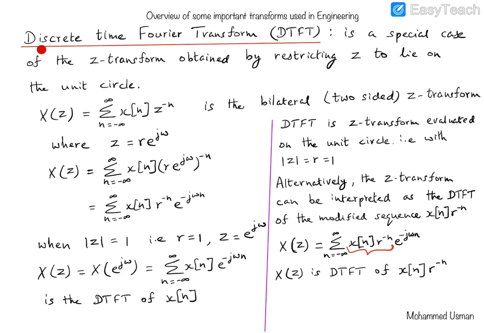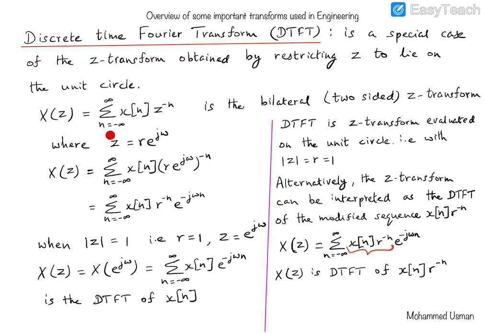So we see that the discrete time Fourier transform is a special case of the Z transform, obtained by restricting Z to lie on the unit circle. That is, when we compute the Z transform by enforcing that Z lies on the unit circle, we will get the discrete time Fourier transform, or DTFT.